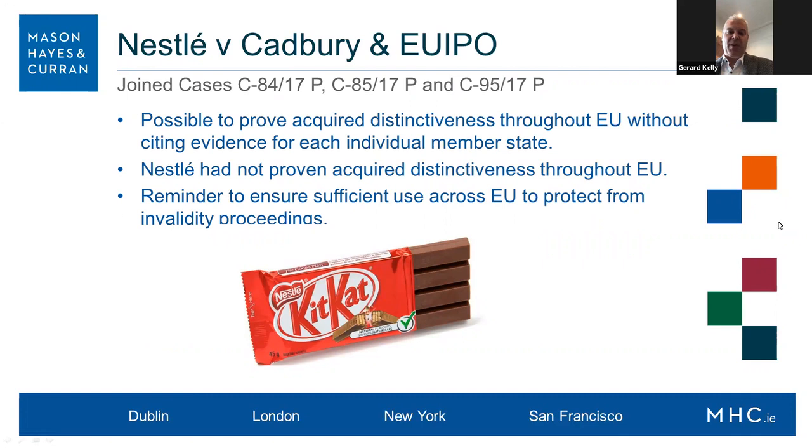Keeping the theme of chocolate bars, we have the Kit Kat four-finger bar, which I think it's accepted that everyone associates that with Kit Kat. But what you look at here is whether it's actually acting as a badge of origin. And that's one thing which Kit Kat, Nestle being the proprietor, had to defend themselves against, because Cadbury took an invalidity action against that four-finger registration.